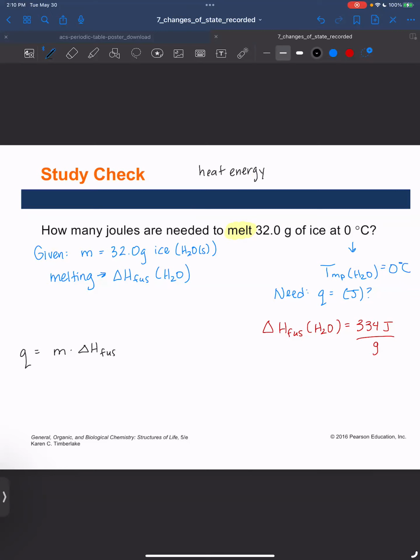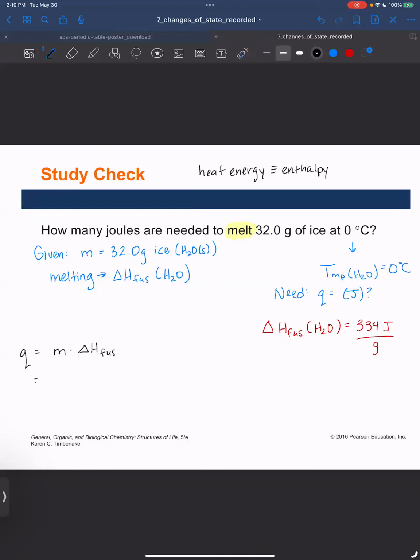In the context of chemistry, because we work at constant pressure with a lot of our reactions, they're the same thing. So heat energy and enthalpy end up being the same thing because we're working under constant pressure. So the heat energy is equal to the mass of the substance times the heat of fusion of that substance.